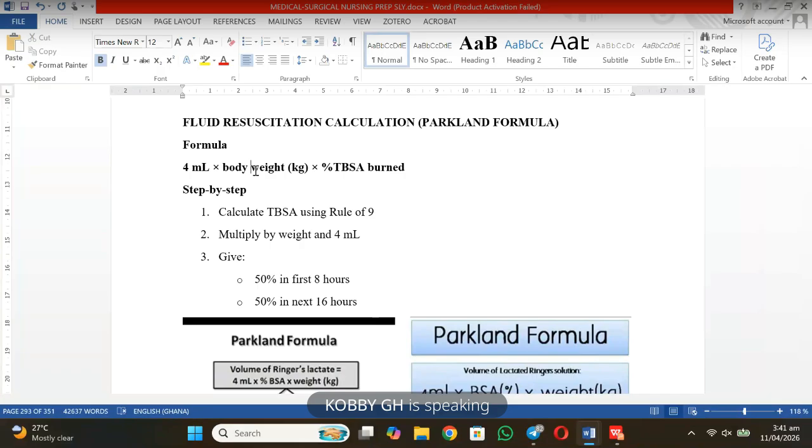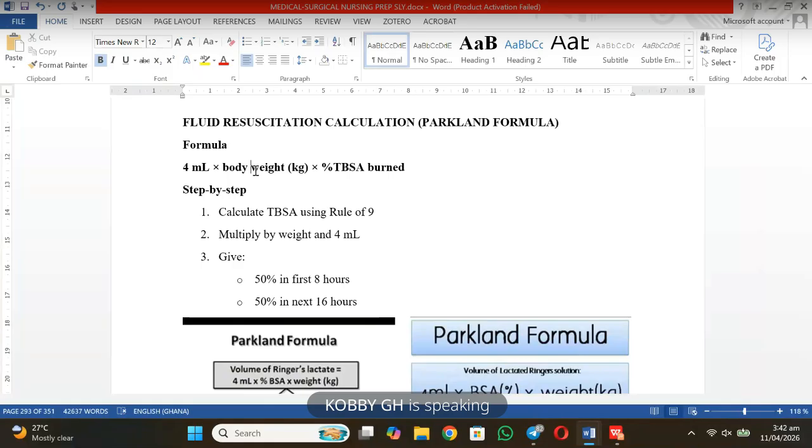You do your calculation, and the amount you get is the amount of fluid that you use to resuscitate the patient. The answer will be in mLs. But the trick is that in the first 8 hours, you will give 50% of that fluid.